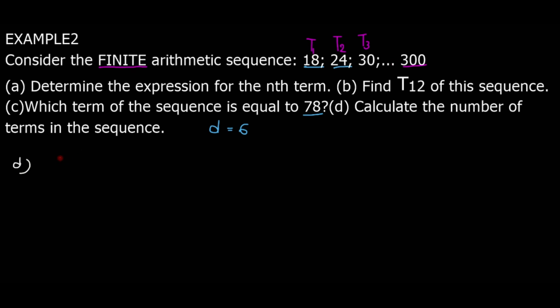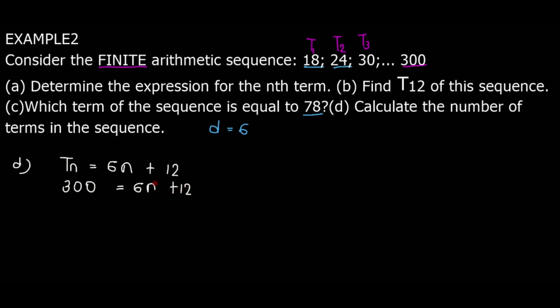And then we will use our nth term formula again, because the nth term formula has the n. Our nth term formula we found is 6n plus 12. So for Tn, we will put 300. Let me explain why 300.